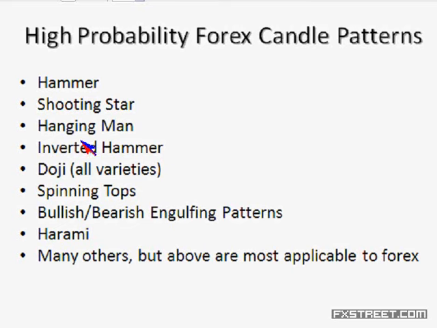And then you have others like hanging men, inverted hammers, doji, all kinds of doji, spinning tops, and engulfing patterns and harami. Again, there are a ton of different candlestick patterns out there, but these are the ones that I pay most attention to, and especially the first two, hammers and shooting stars. We'll get to that in a second.